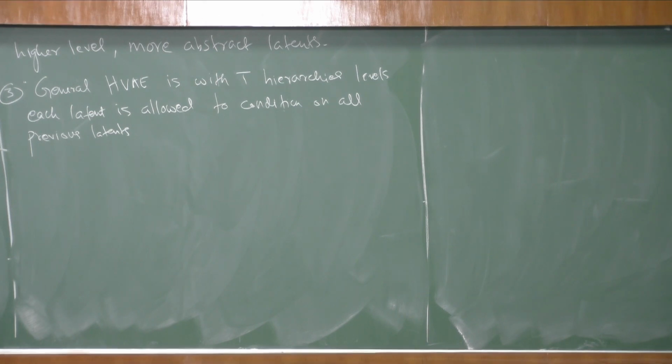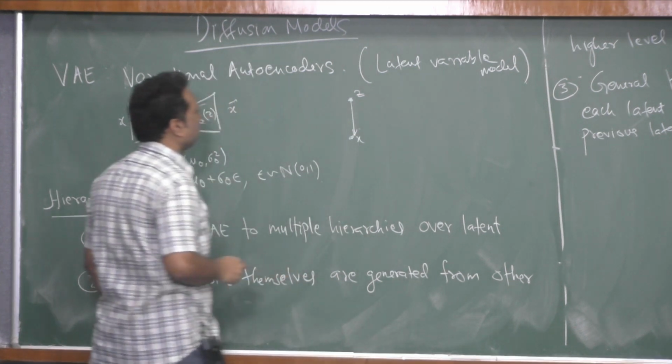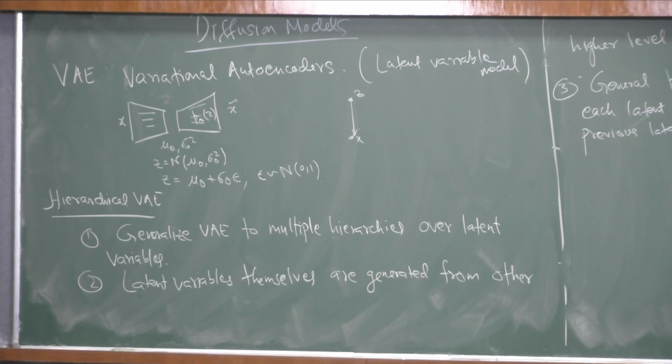So what we want to do, we have seen VAE, and then we want to generalize VAE to multiple hierarchies. And here multiple hierarchies means that we will introduce many latent variables. Okay, so earlier here you had only one latent variable. So this is your Z, this is your X, and this is the graphical model for VAE.